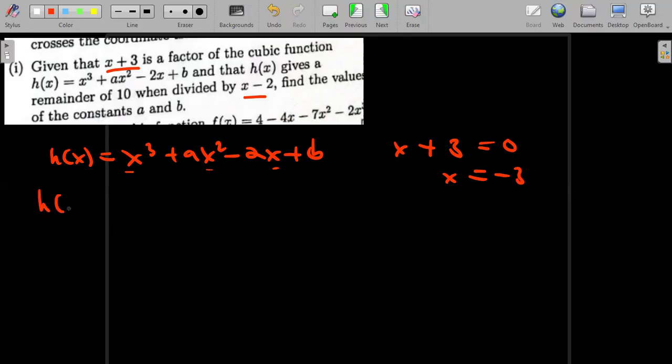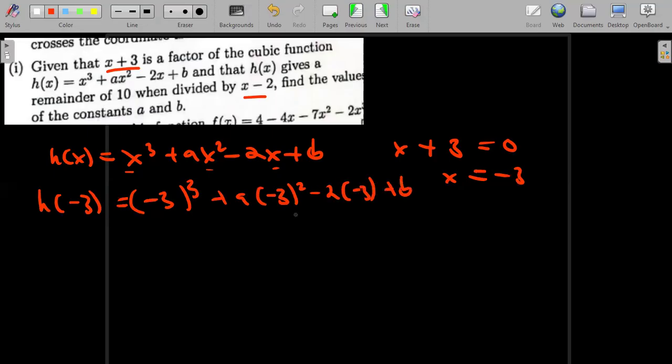So I can replace there my x with -3: -3 cubed, then plus a times -3 squared, minus 2 times -3, plus b. So we are saying this is going to be equal to 0.